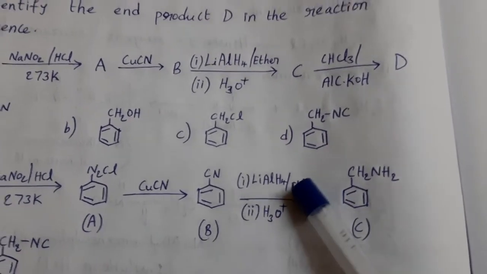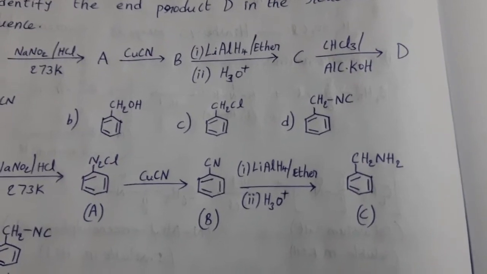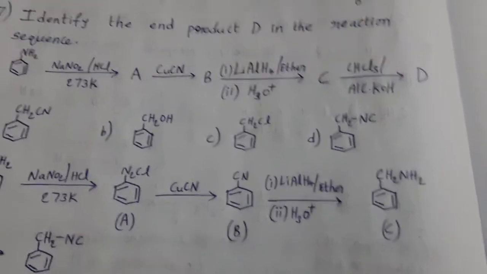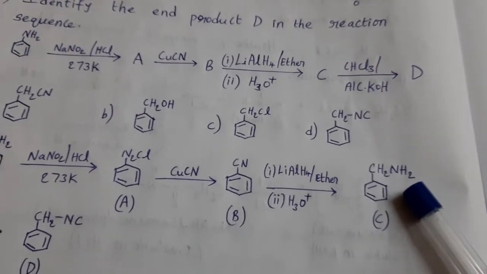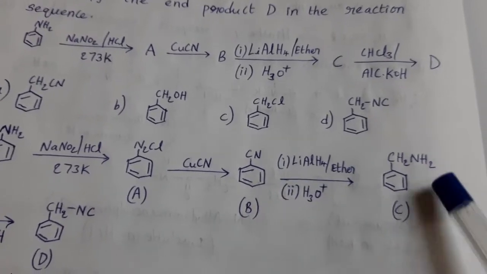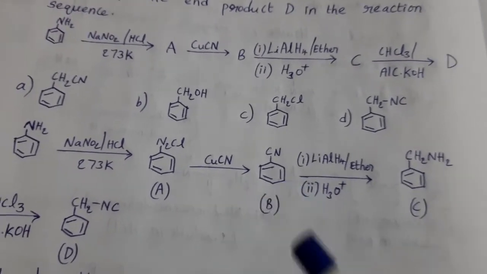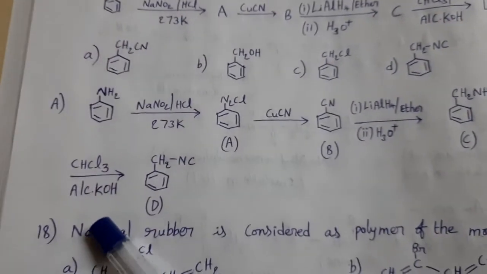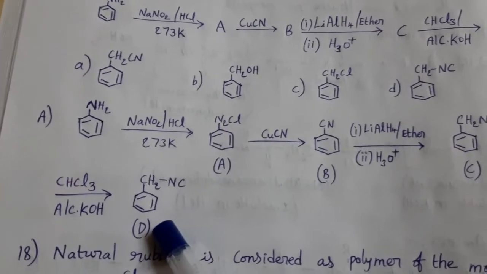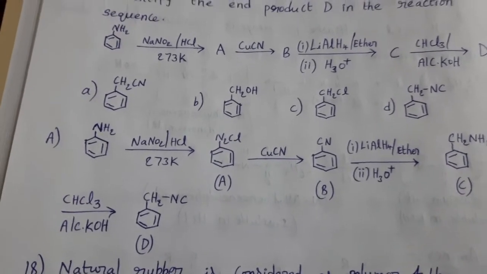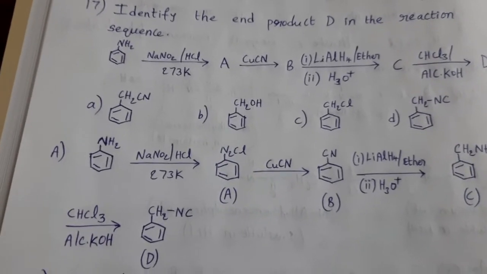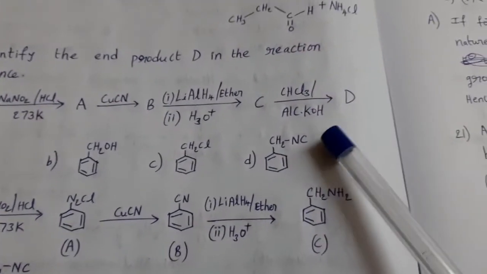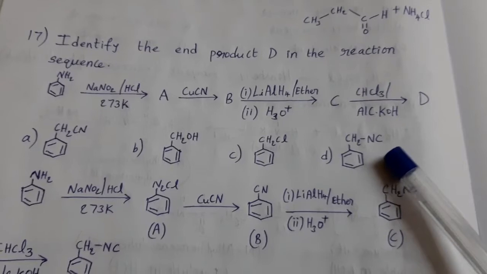This cyanobenzene treated with the strong reducing agent LiAlH4, lithium aluminium hydride, followed by acidic hydrolysis, gives CH2NH2. The CN is converted to CH2NH2. This is structure B. Next, this primary amine is treated with chloroform and alcoholic KOH, and we get isocyanide. It is also called the carbylamine reaction, the identification test for primary amines. This is structure D, so that is the option for this question.